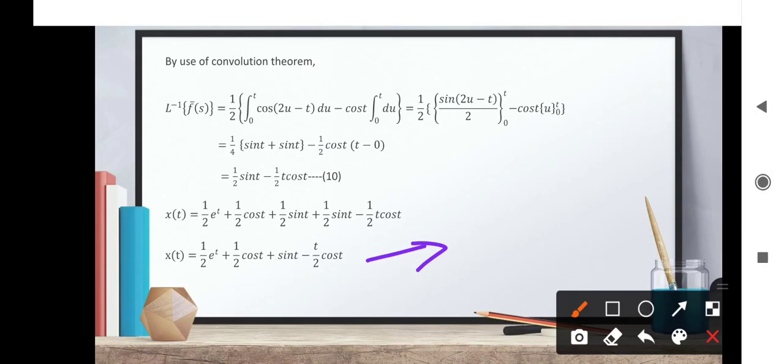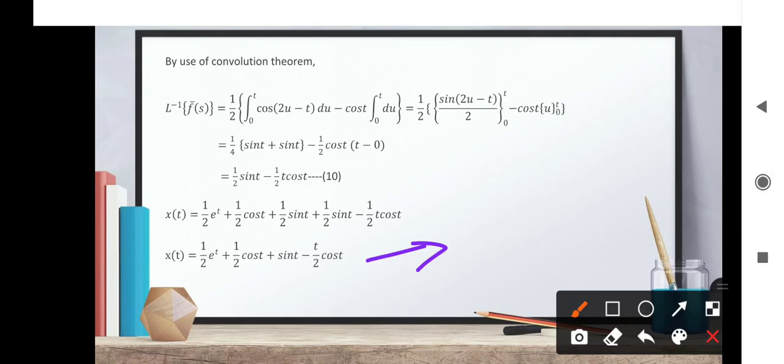Now you have to find one more function, that is y of t, which is your second solution for the given set of differential equations. For this, we are going to use any one of the given differential equations.